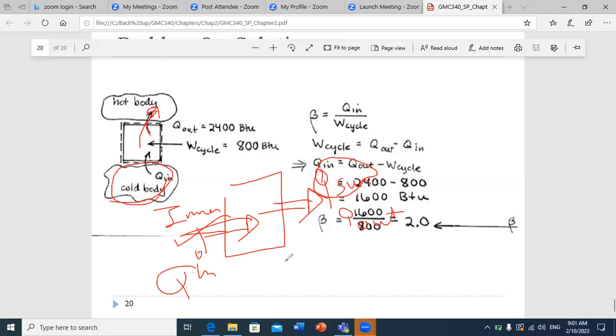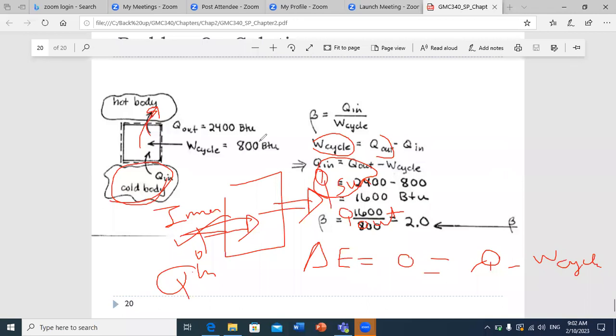The balance for your system: W cycle is equal to Q out minus Q_N, because when you take a closed system, delta E is 0, and delta E equals Q minus W cycle. For Q, you can decompose it into what is coming in and what is getting out.